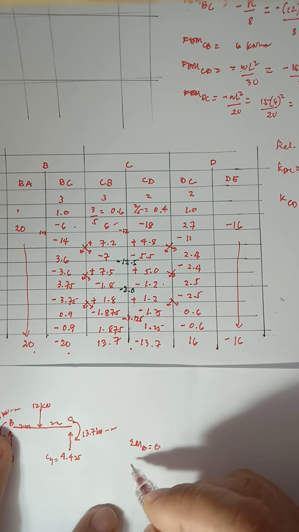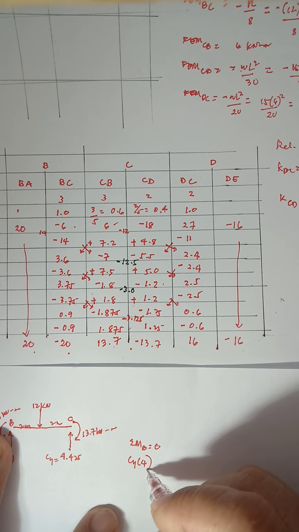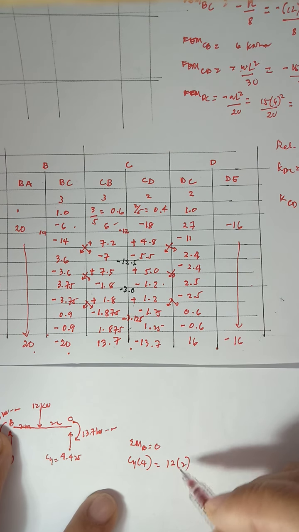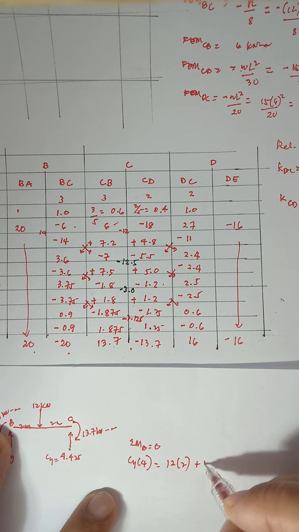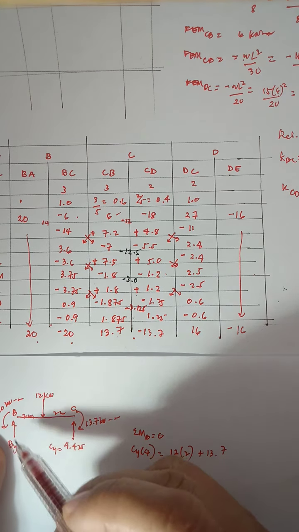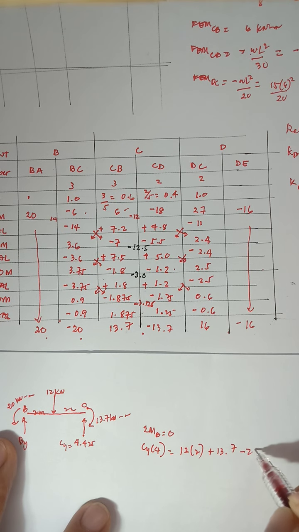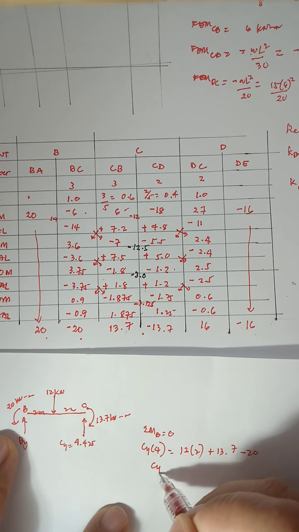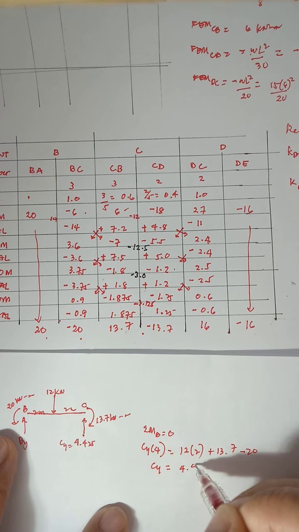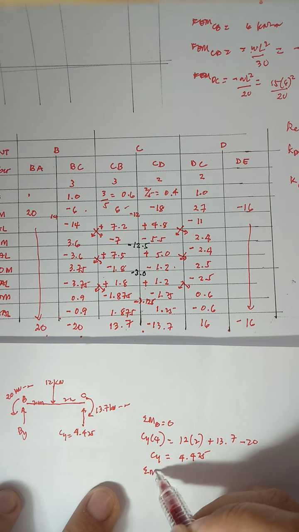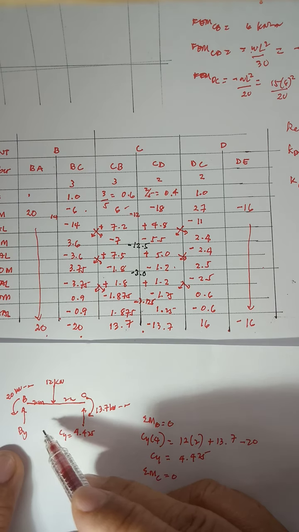CY times 4 is equal to 12 times 2 plus 13.7 minus the 20 on the other end. Solving for CY, you will have 4.425.